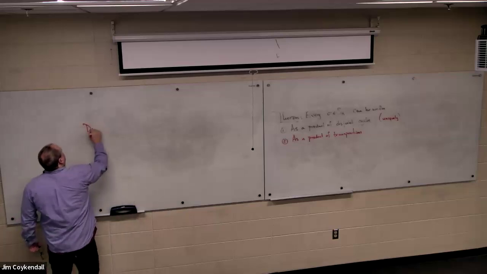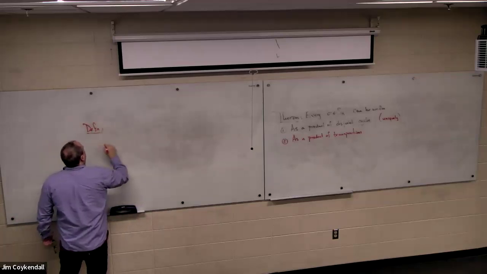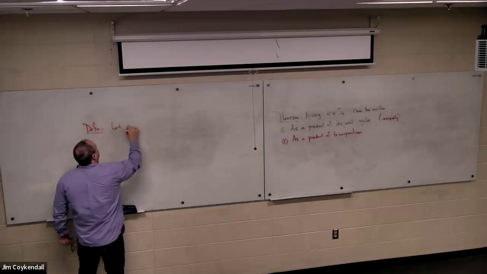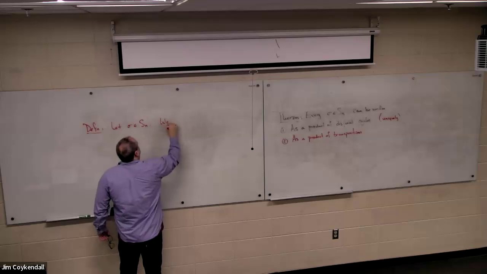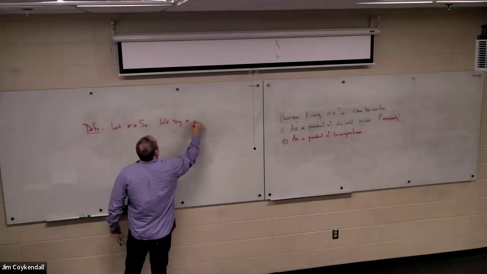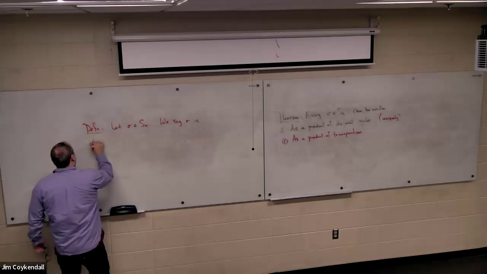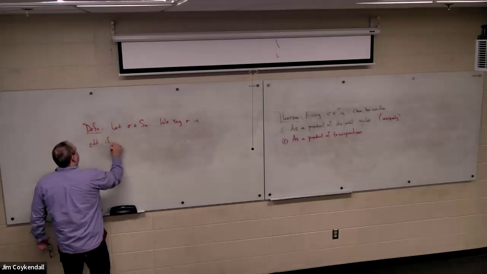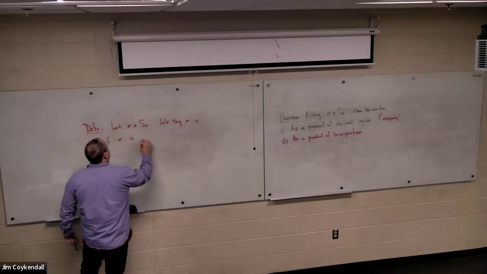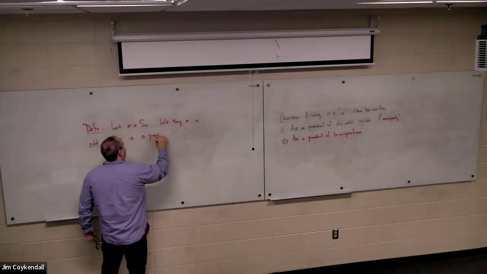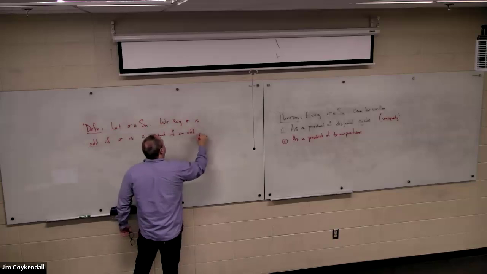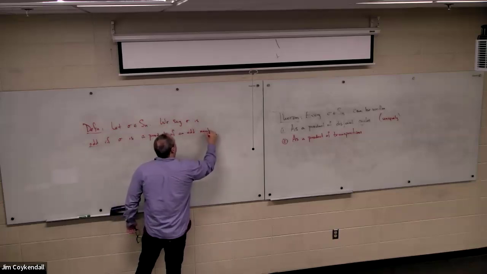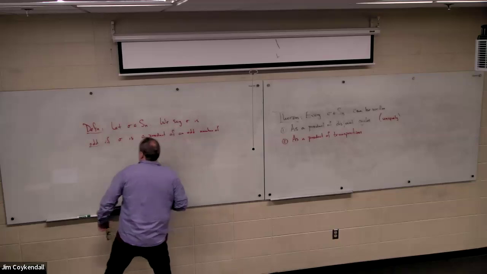Let me give you this definition here. Let sigma be in S_n. We say sigma is odd if sigma is a product of an odd number of transpositions.